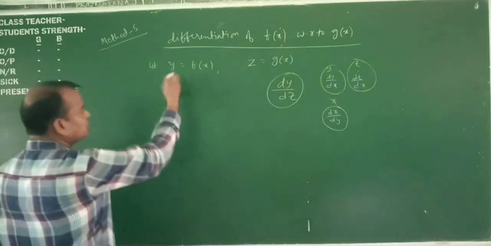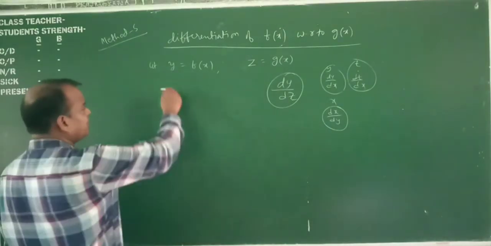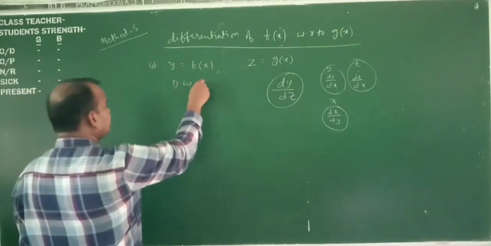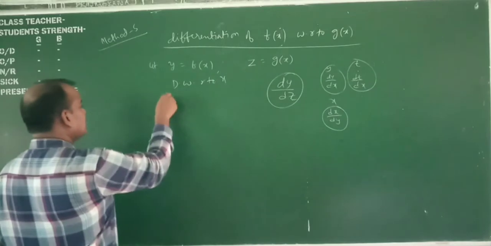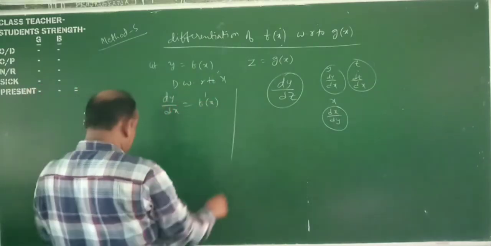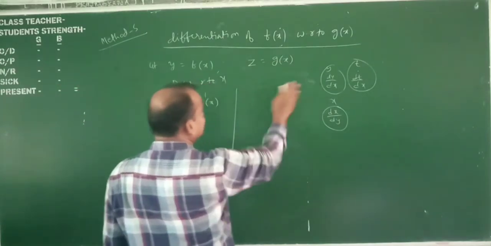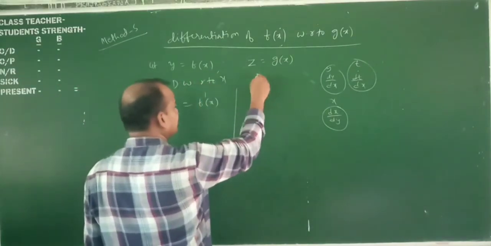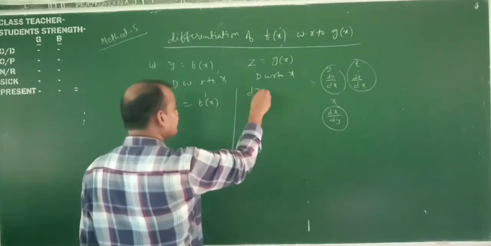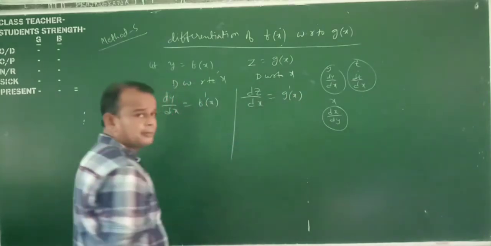Now, the working rule. Differentiating y with respect to x, dy by dx is equal to f dash of x. Similarly, differentiating z with respect to x, dz by dx is g dash of x. What do you find?